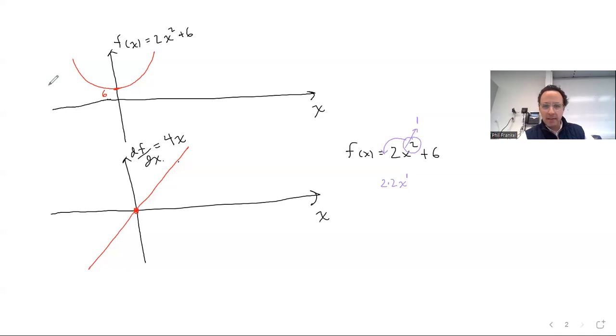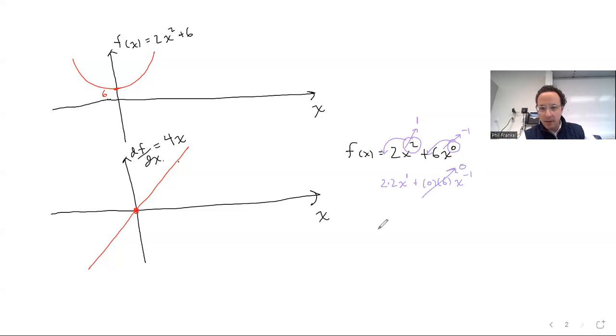What about that constant term? Well, the number 6 can be thought of as 6 times x to the 0. x to the 0 is just 1, so 6 is the same as 6 times x to the 0. So I bring down the 0 and multiply, and I guess I could think about demoting this to -1, but the important thing here is that when I bring down the 0 to multiply, the whole thing gets wiped out.